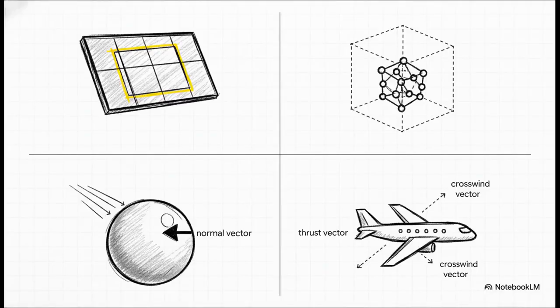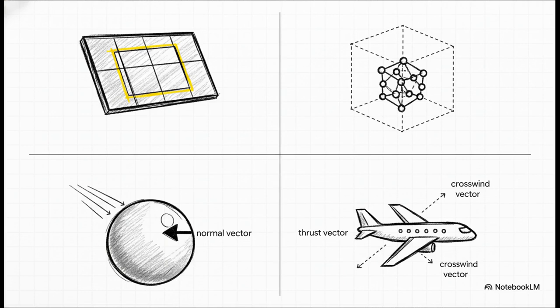And here's where it all comes together. This is the payoff. Calculating the area of a tilted solar panel, that uses the magnitude of a cross product. Finding the volume of a crystal structure, that's the scalar triple product we just talked about. In 3D graphics, creating realistic lighting means finding a normal vector that's perpendicular to a surface. That's a job for the cross product.